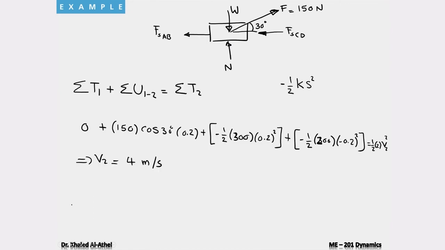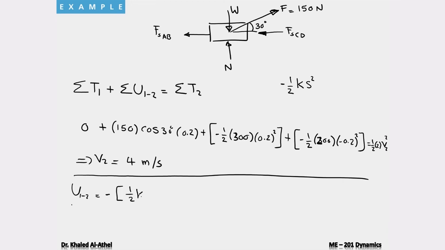If you go back to the previous module, I told you that for every spring, the work done by the spring force, for AB only, is minus, open a bracket, half K S2 squared minus half K S1 squared.